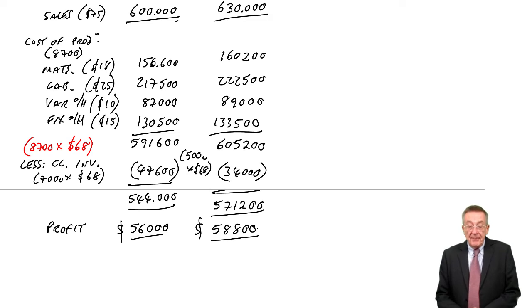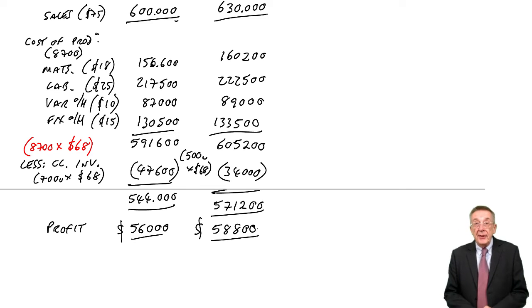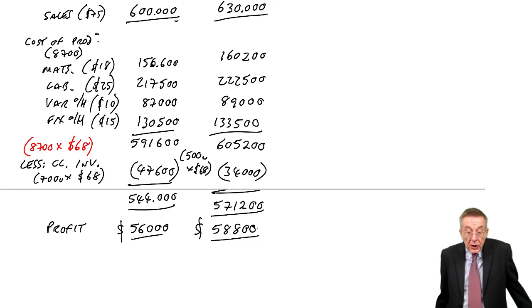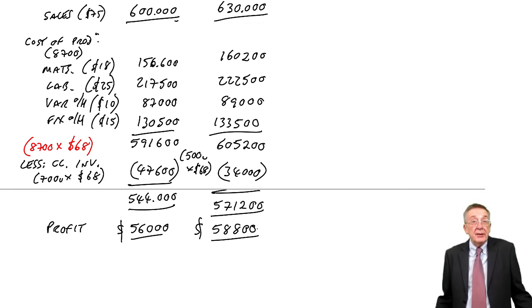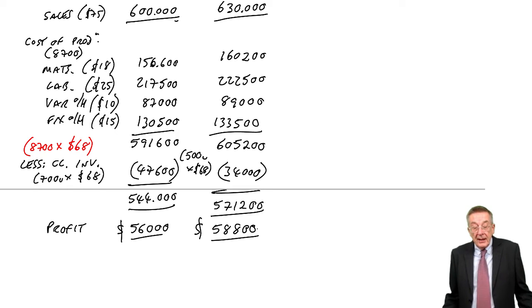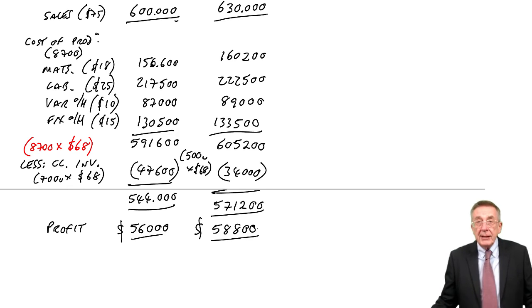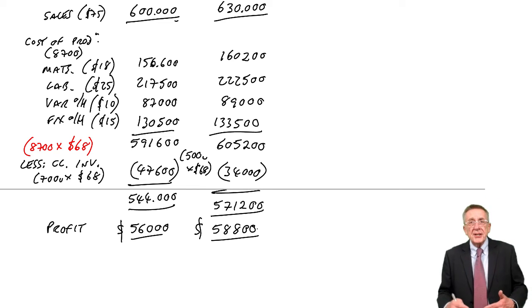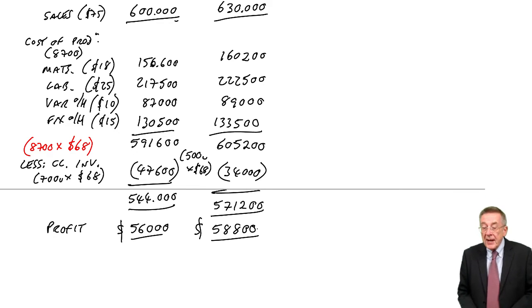And so the profit, we don't expect really to be 58,800 at all, because we've put in 133,500 for fixed overheads, and it should stay fixed at 130,500. If you remember the lectures on absorption costing, we always had to make that adjustment for under-over absorption, and it's something we're going to have to explain here shortly. But the reason we've done it is this.